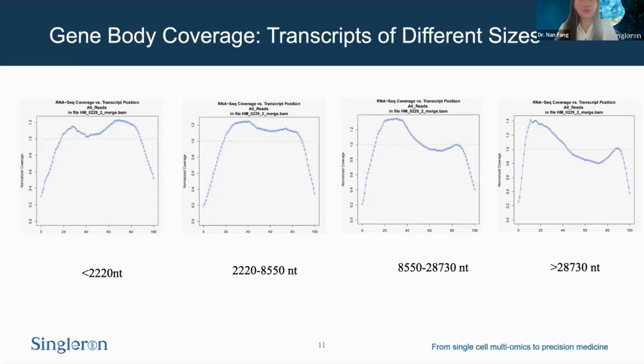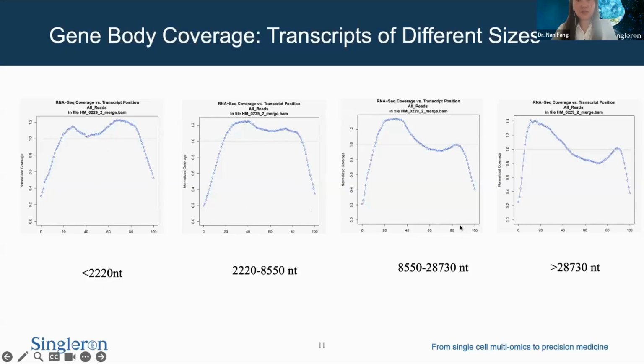And as you can see here, for the smaller transcripts, less than 2,220, we have good even coverage across different positions on the gene body, and same good coverage between 2,220 and 8,550.